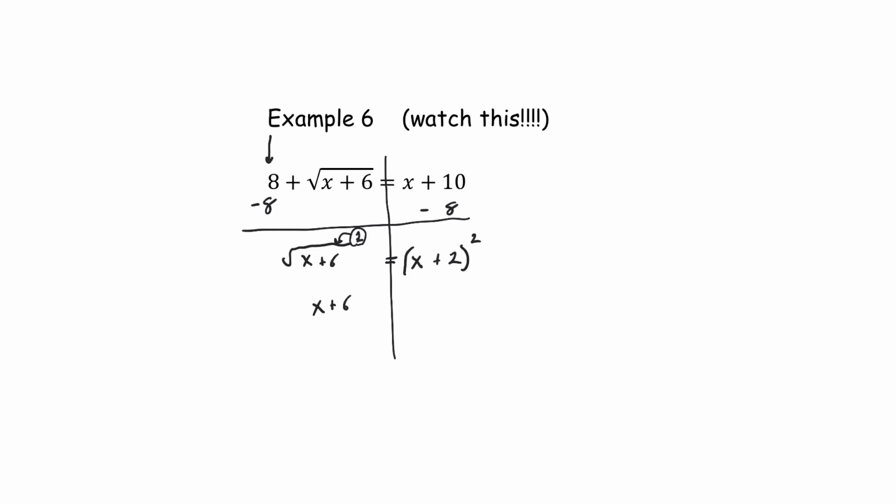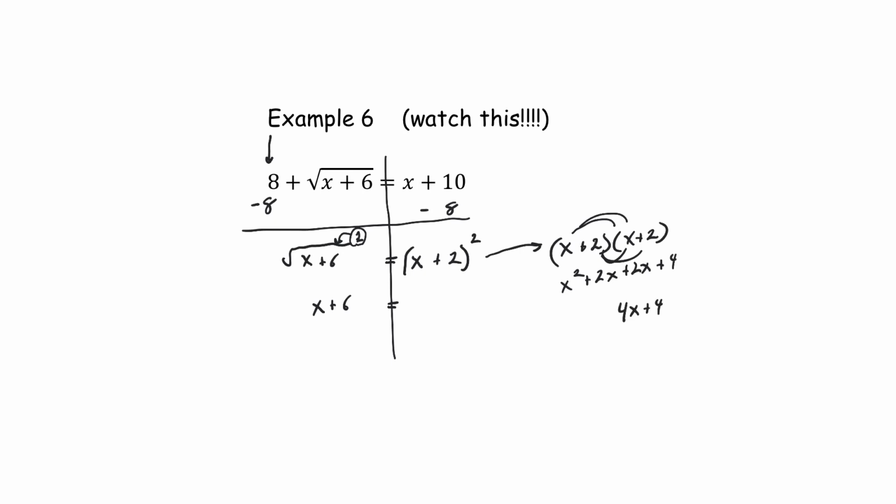This is good. Unfortunately, over here, it's not as simple as squaring it. We've got to do what we did previously. Off to the side, do my x plus 2, x plus 2. You guys know the routine. X squared plus 2x plus 2x plus 4.